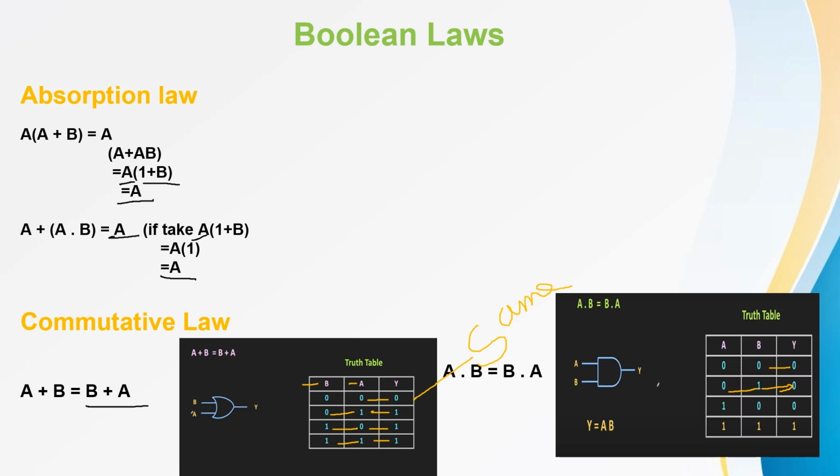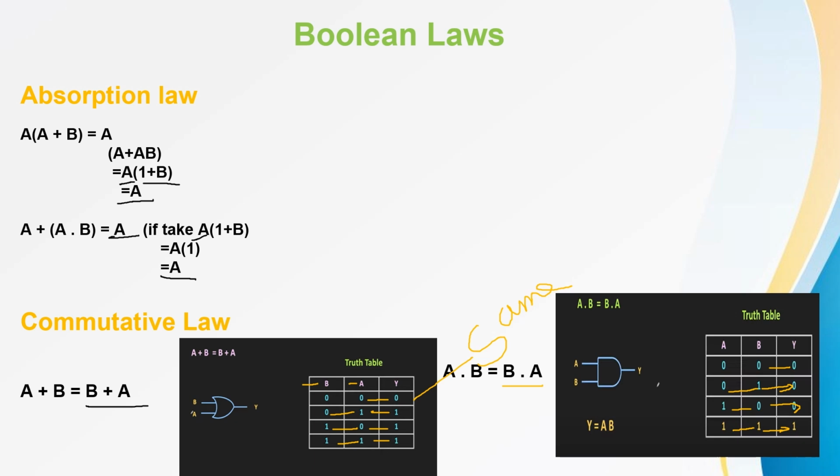If B is 0 and A is 1, the output is 0. If both inputs are 1, 1 into 1 is 1. If we interchange our variables, the output remains the same. There is no change.